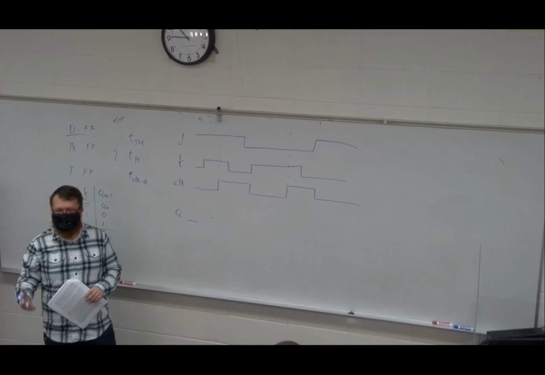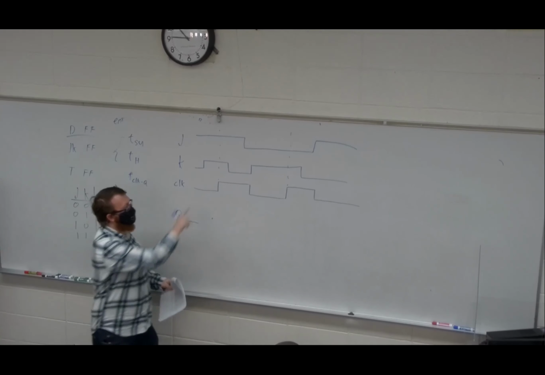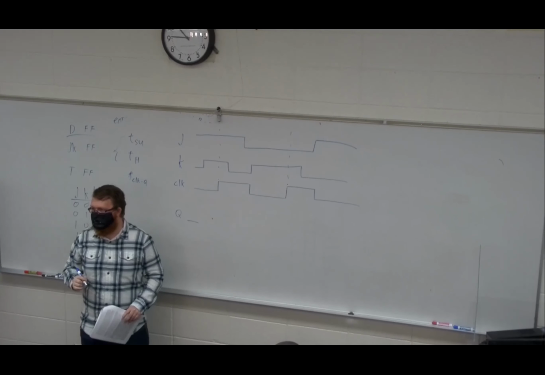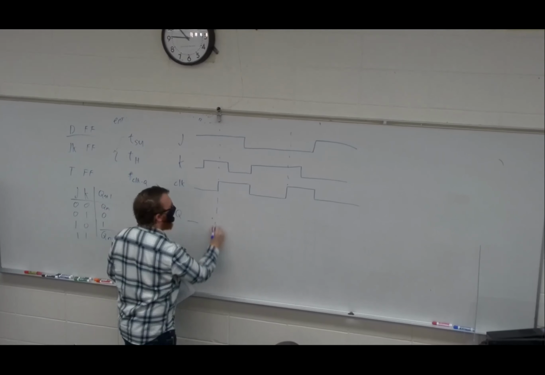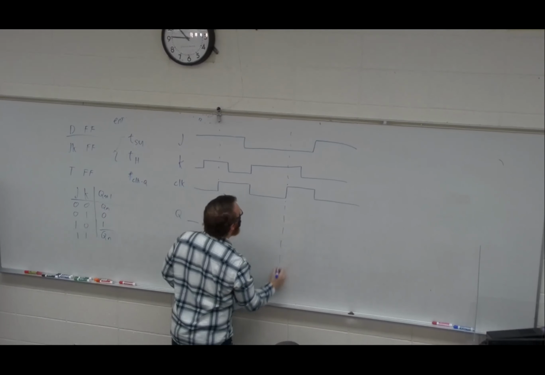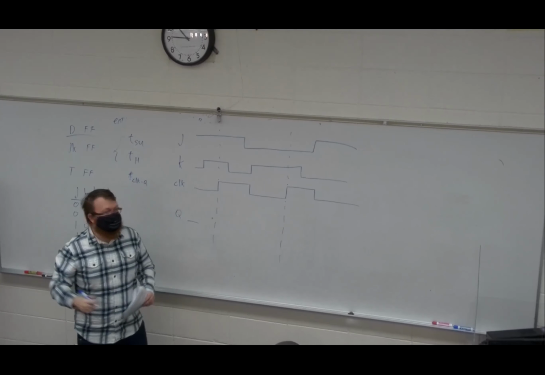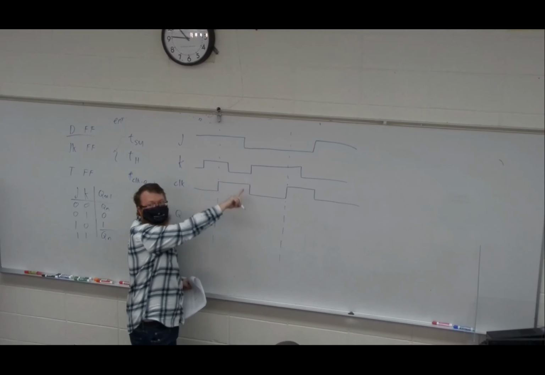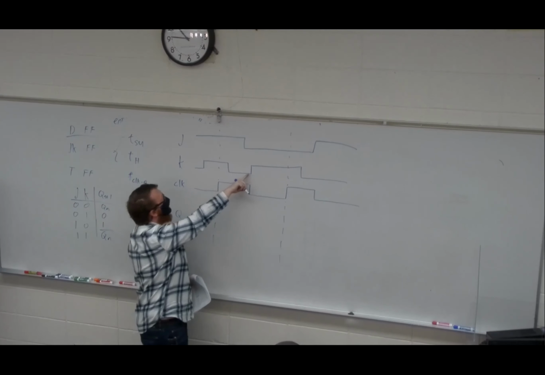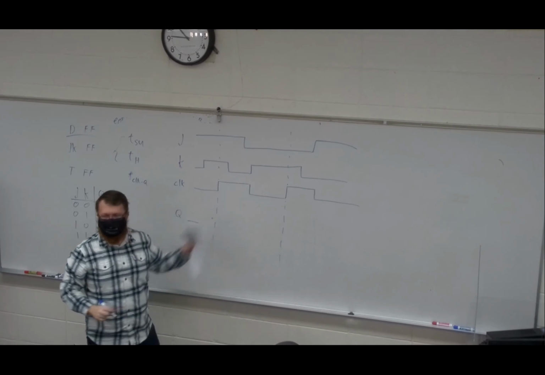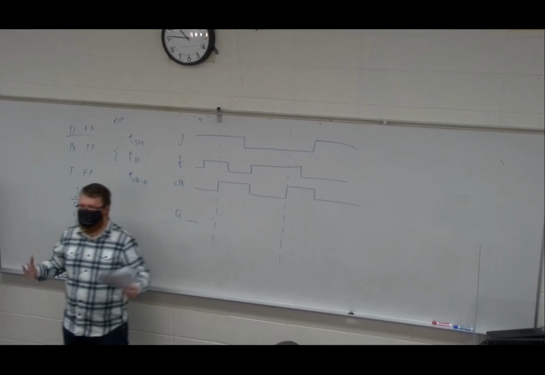So this is always your first step: identify the important locations in your timing diagram. At first, this might look bad, right? Because we're changing the clock and K at the same time, but it's a falling edge. This is rising edge triggered, we don't care.